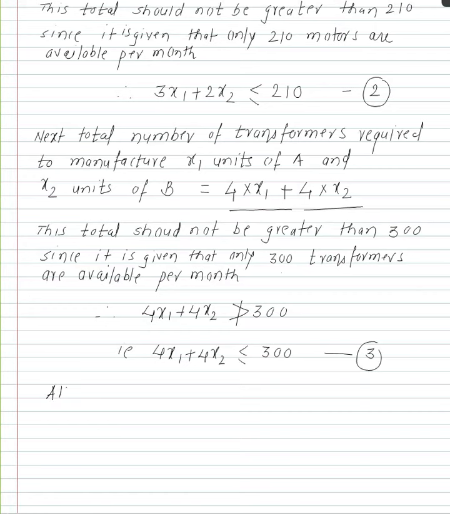Also, it is given that supply of item B is restricted to 65 units.